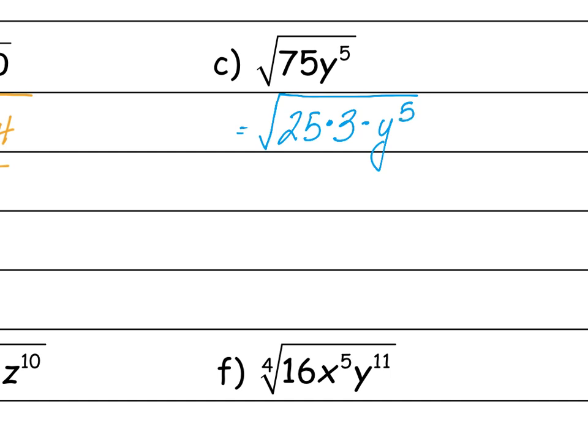So what's the square root of 25? 5. How many sets of 2 y's can I bring out? 2. Great. So what's left inside my square root? I've got a 3 as a number. And how many y's are left inside? 1. Because I used 4 of them to bring 2 out, right?